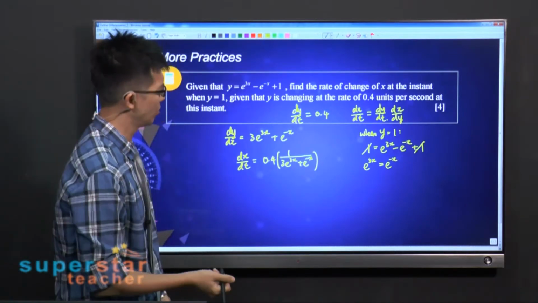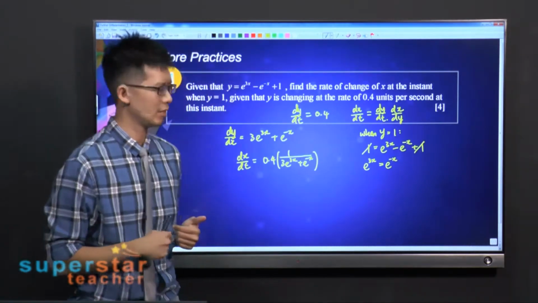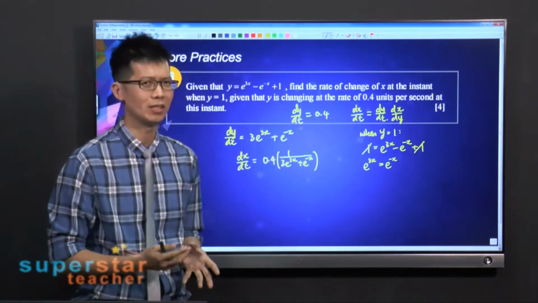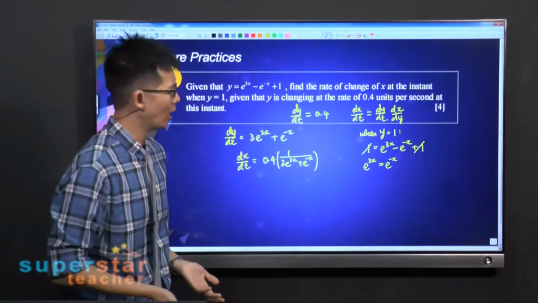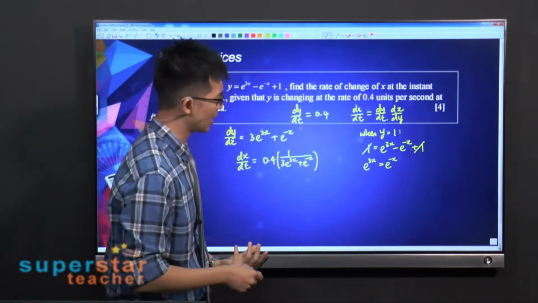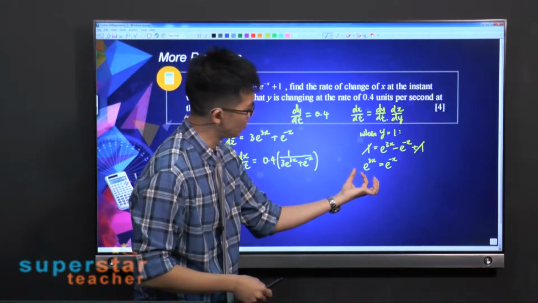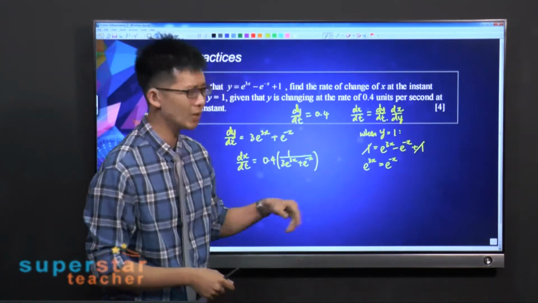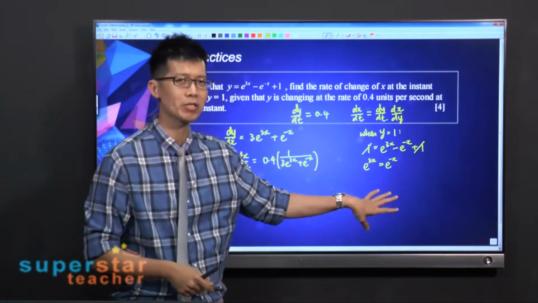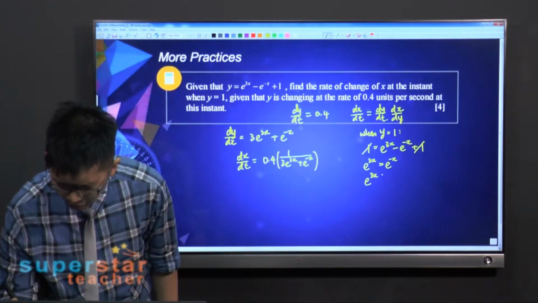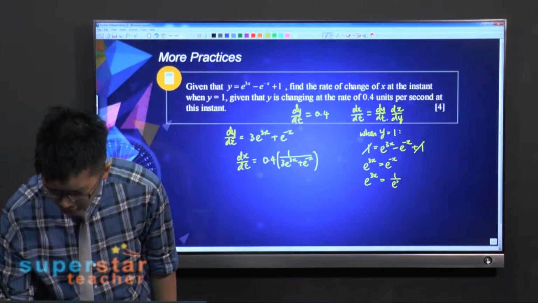How are we going to solve things like that? Now, some students, when they see e to the power of x, the first thing they think of is ln. It's not wrong to say that, but if you ln it, you probably end up with something that looks kind of weird. But in fact, this is quite solvable by itself. If you take a look closely, e^(-x) is just 1 over e^x.